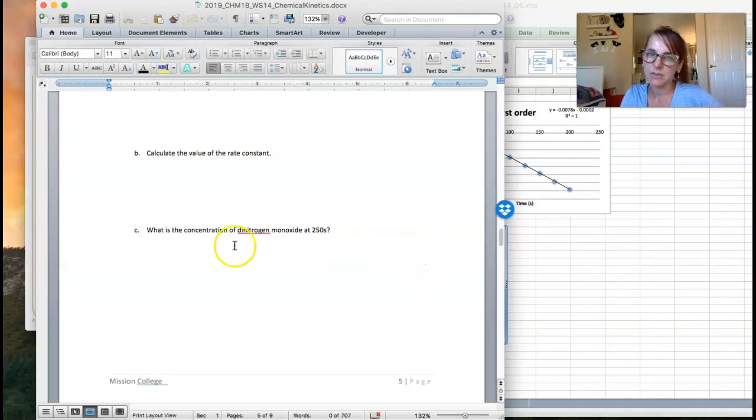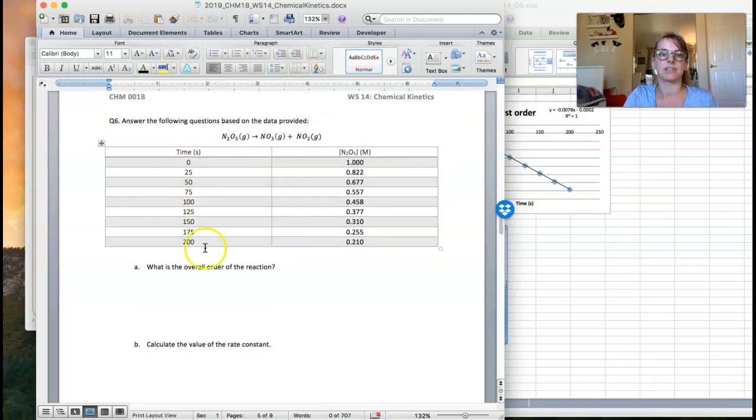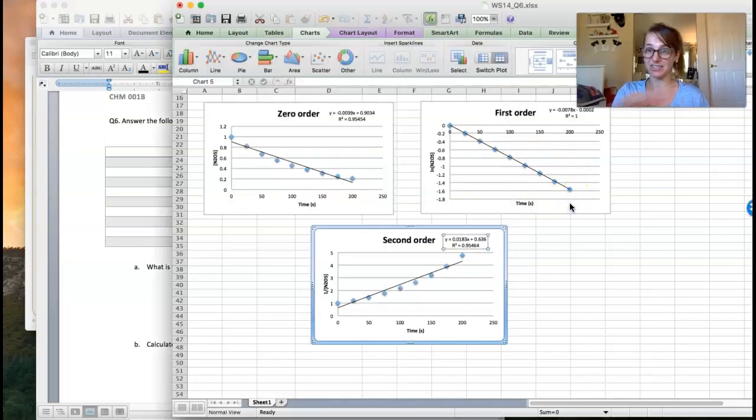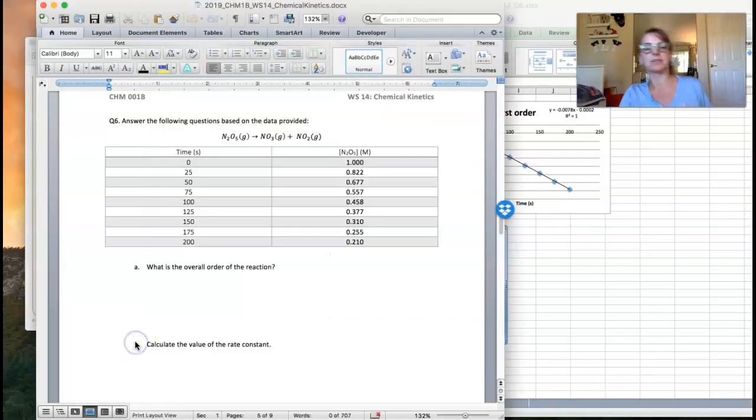And then the last question is asking, what's the concentration of dinitrogen pentoxide? I told you I had a typo here. At 250 seconds, right? So the graph is giving you up to 200 seconds. But once you have this data, you can extract what would be the concentration even beyond that.